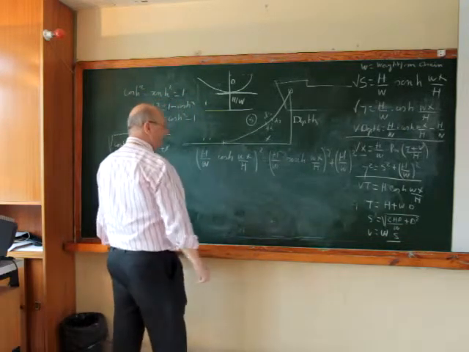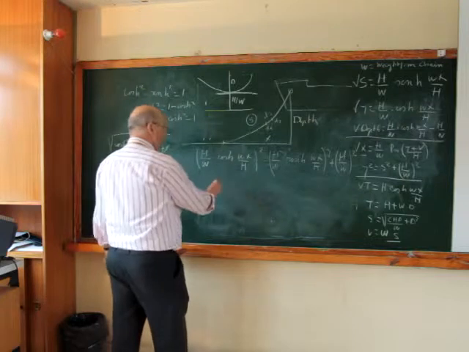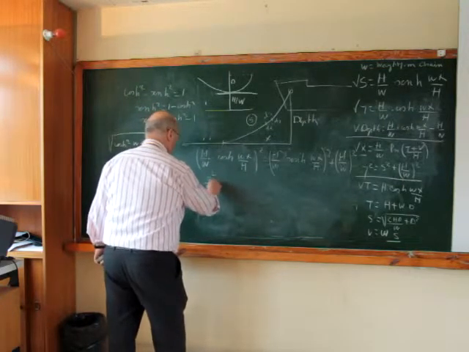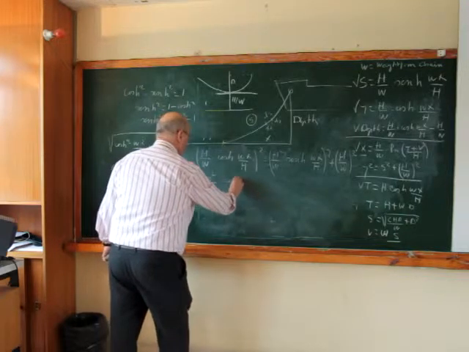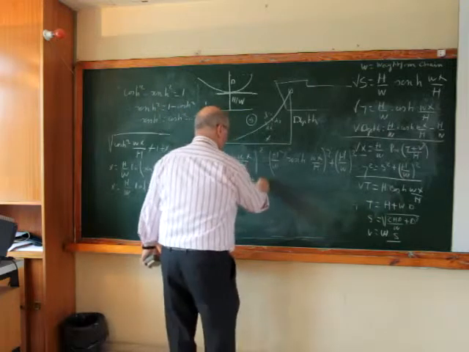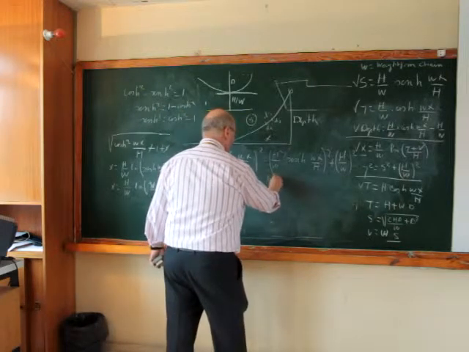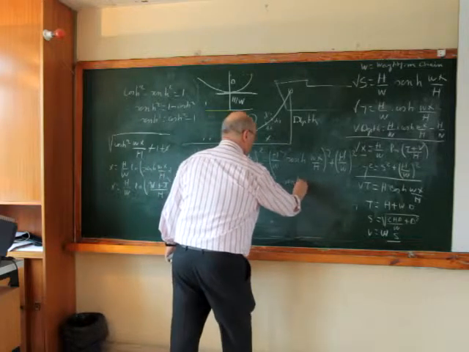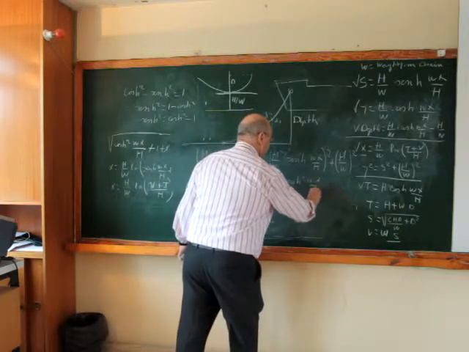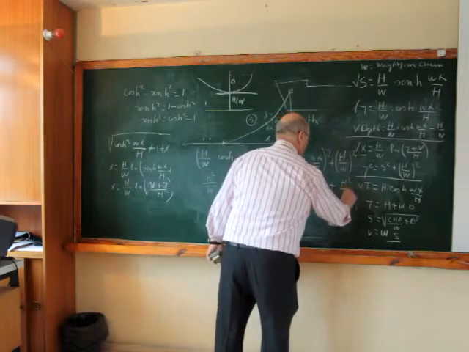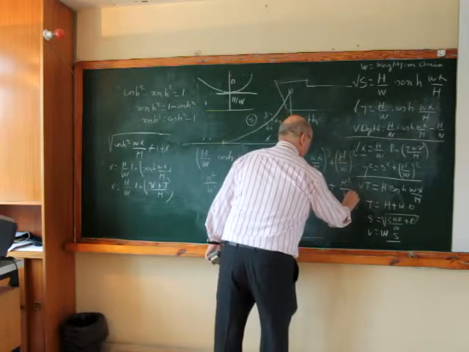This will be h divided by w squared times the hyperbolic cosine squared, equal to h over w times the hyperbolic cosine squared, plus, well.